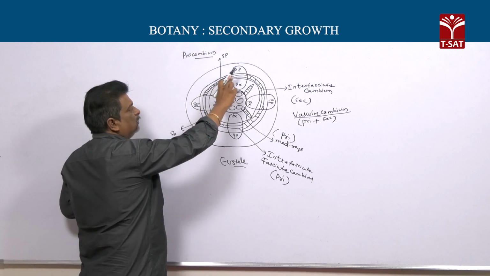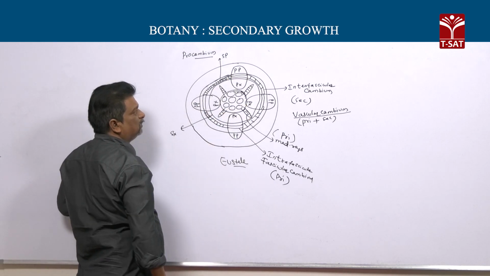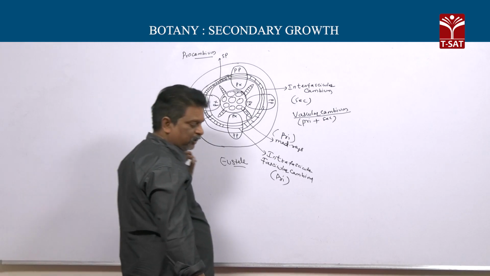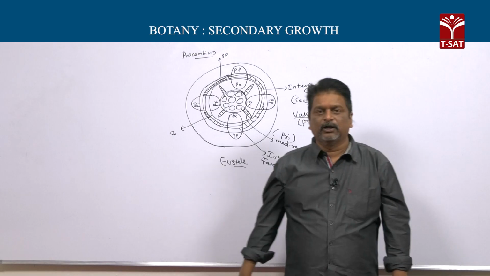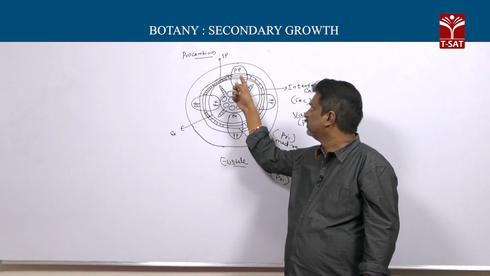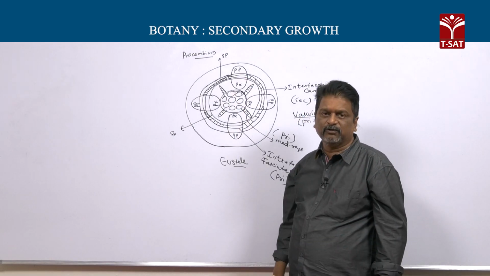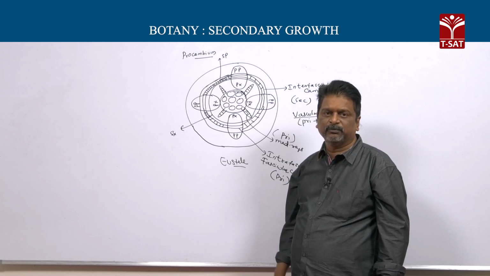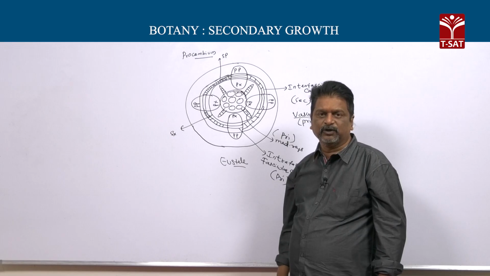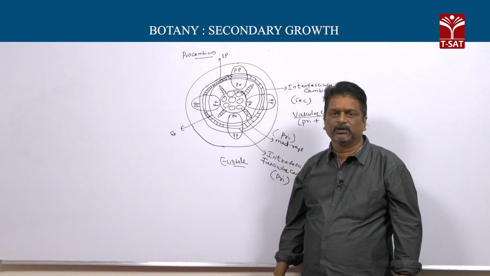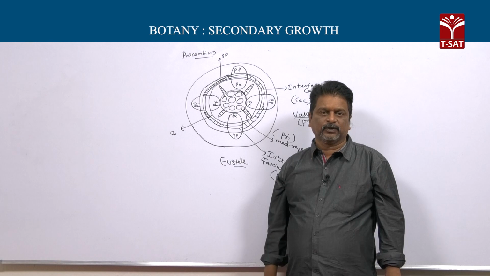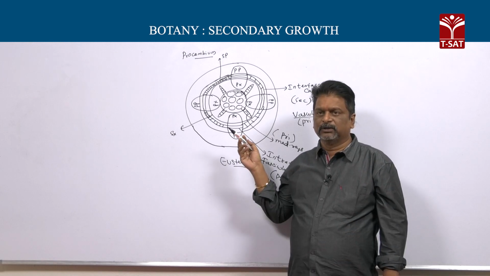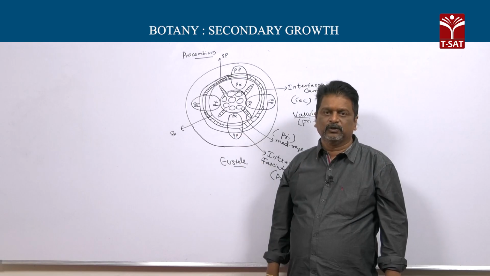So, once vascular cambium is formed, every year continuously it produces secondary xylem, so that pressure develops on the secondary phloem and even primary phloem. So, the secondary and primary phloem get crushed and removed. That is why a large amount of secondary xylem is formed by this secondary growth.